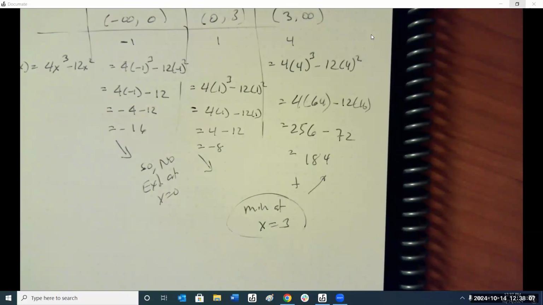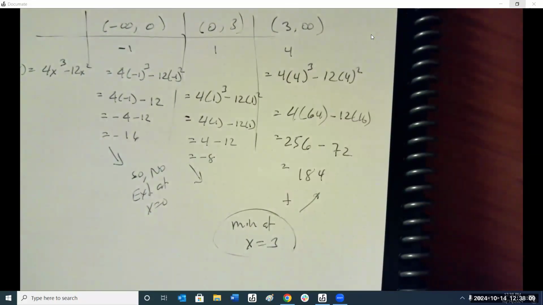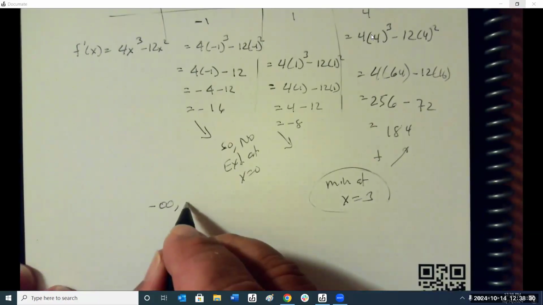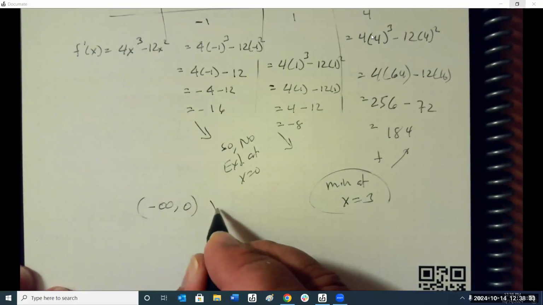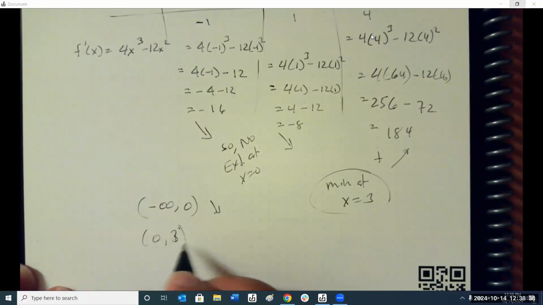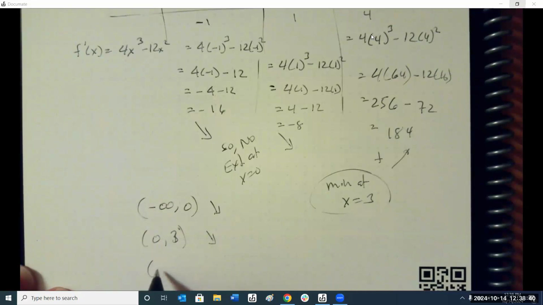All right, that's A. Now we're going to do B: intervals where it's increasing and decreasing, and we just did that. From negative infinity to 0, it's decreasing. From 0 to 3, it's decreasing. From 3 on, it's increasing.